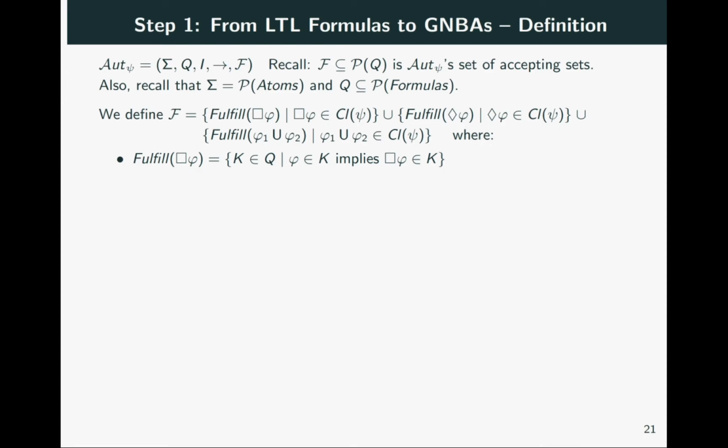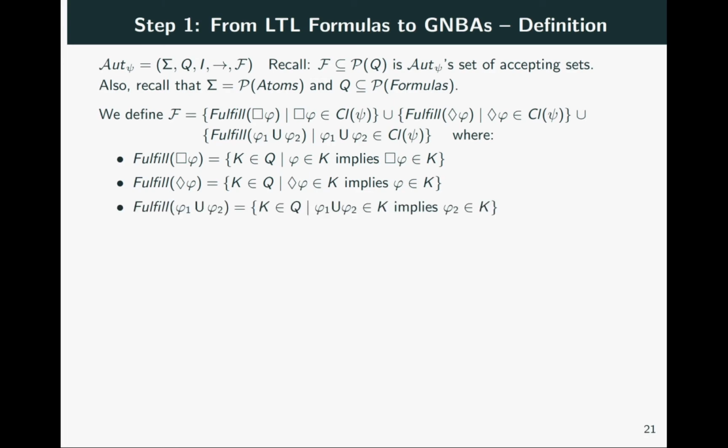In other words, if phi is in K, implies always phi is in K. And the fulfillment of an eventually formula, say eventually phi, consists of all those scenarios K that contain phi if they contain eventually phi. Finally, the fulfillment of an until formula of the form phi 1 until phi 2 consists of all those scenarios K that contain phi 2 whenever they contain phi 1 until phi 2.